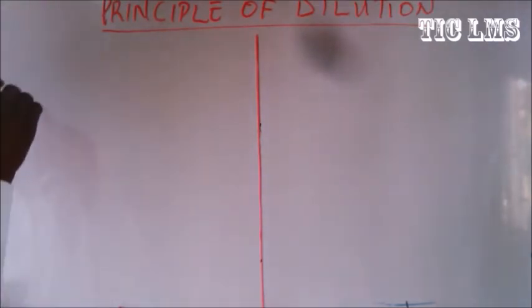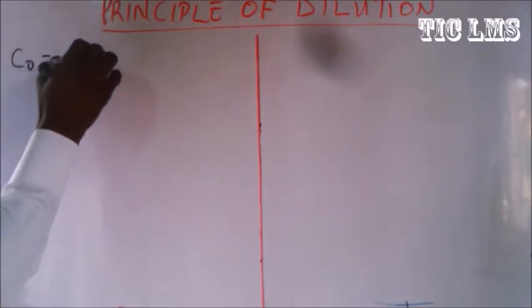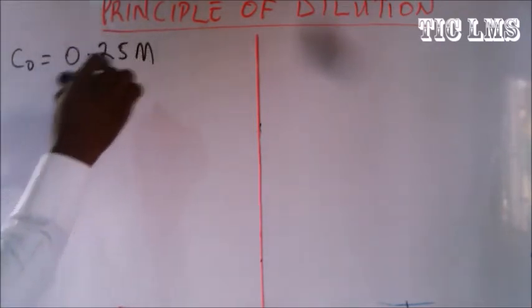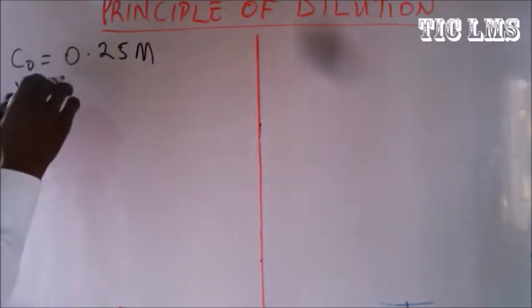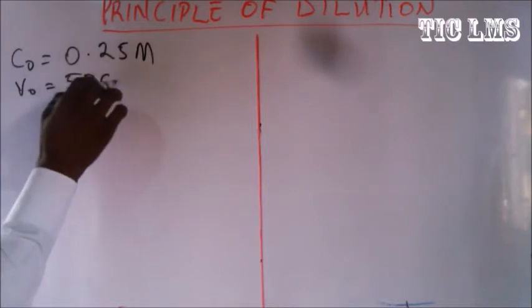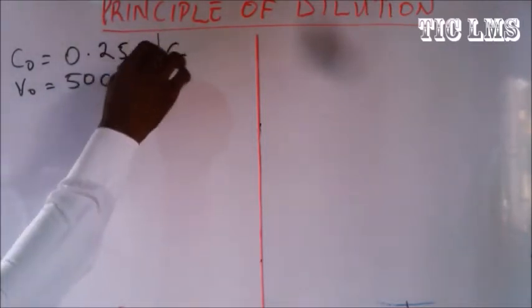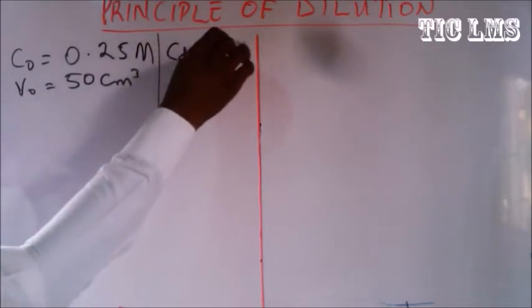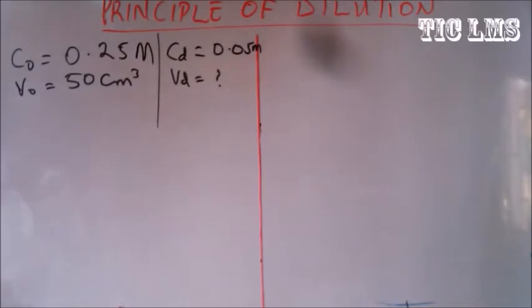We have an original concentration of 0.25 molar and an original volume of 50 cm cubed. Then we have a diluted concentration of 0.05 molar and a diluted volume which is unknown.